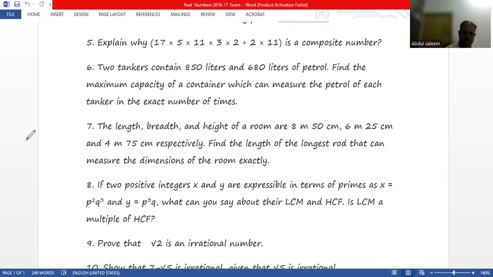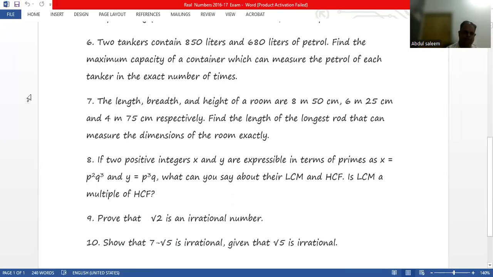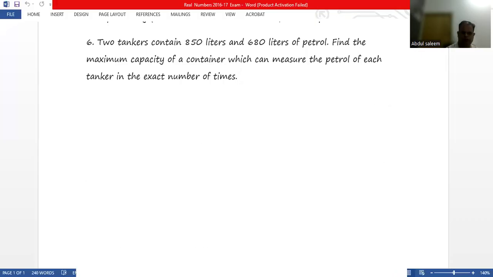Now the sixth question is: containers contain 850 liters and 680 liters of petrol. Find the maximum capacity of the container which can measure the petrol in each tanker an exact number of times. To understand, we can take small numbers.